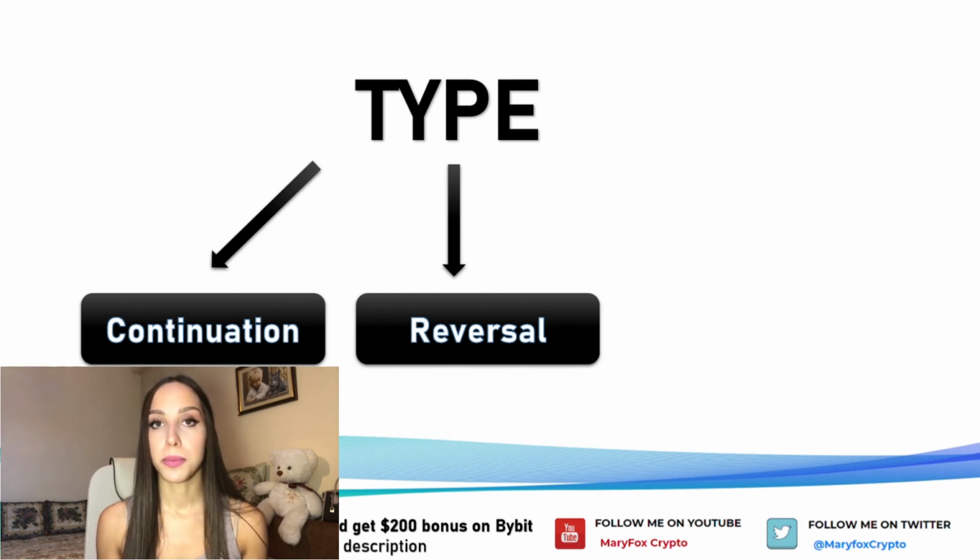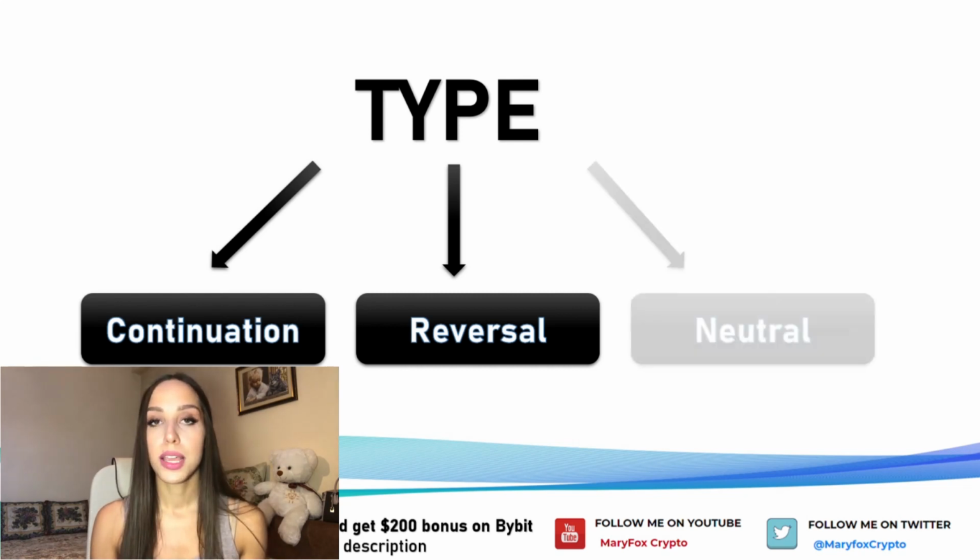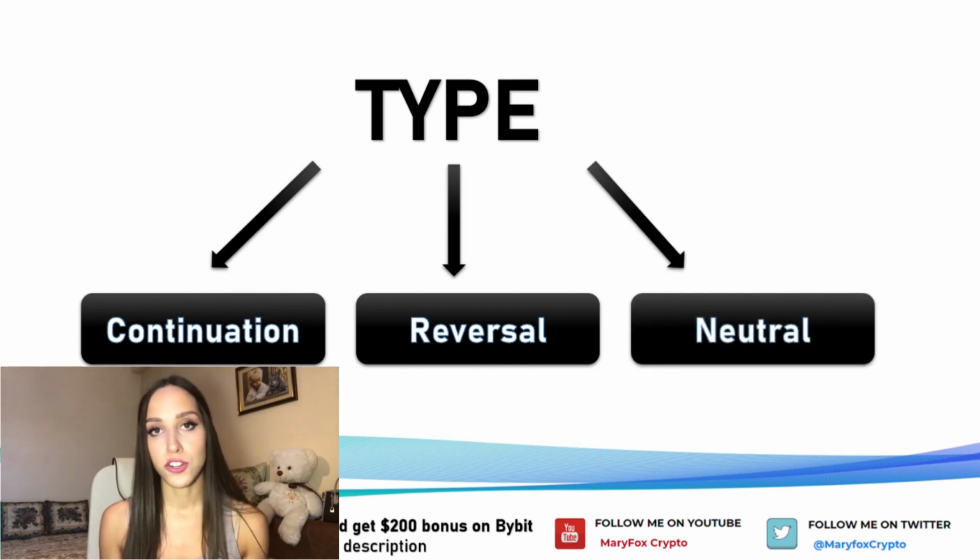Reversal patterns can either be bullish or bearish. A bullish reversal pattern signals that the price will go up right after this pattern appears, and a bearish reversal pattern means that the price will go down immediately after the pattern appears. Both continuation and reversal patterns can be either bullish or bearish.